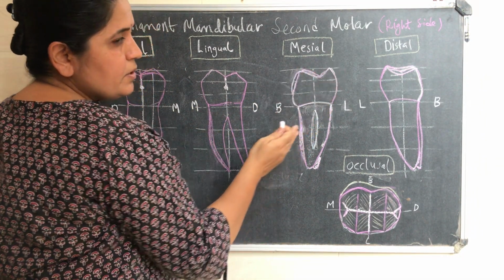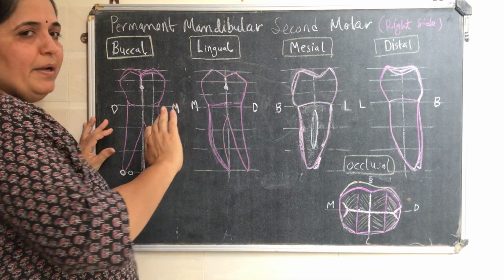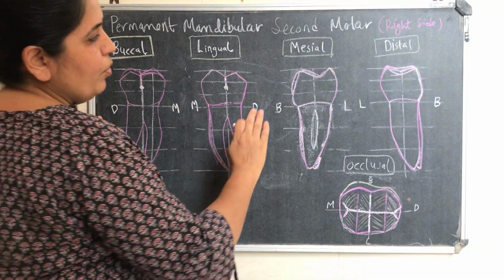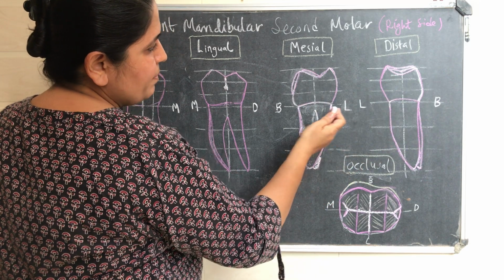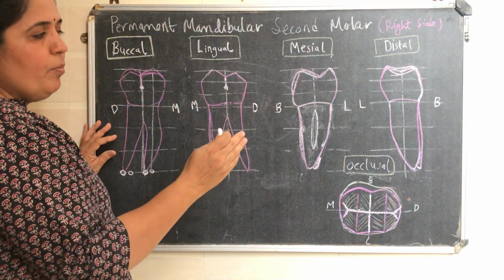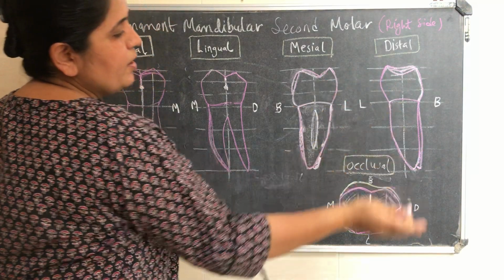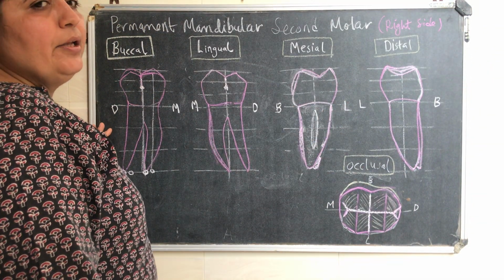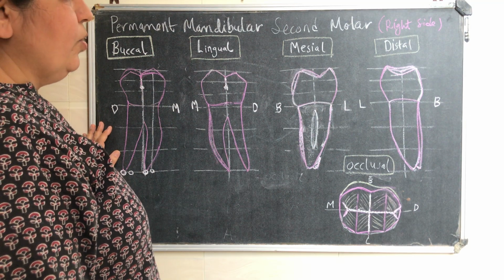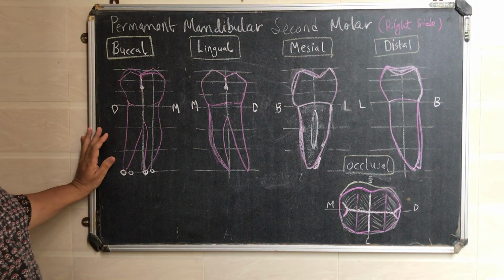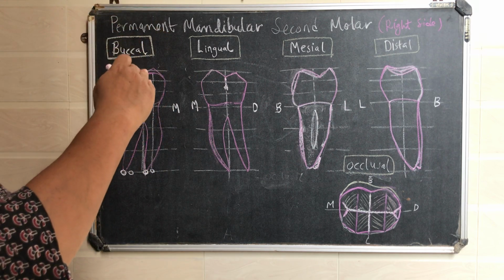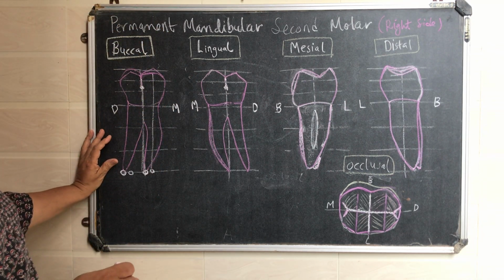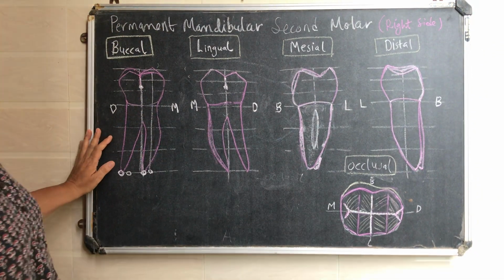The crown is rhomboidal, that is similar to the first molar. From the mesial and the distal aspect, the crown is rhomboidal, leaning towards the lingual side. That is the characteristic feature of all mandibular posterior teeth. All mandibular posterior teeth, their crown is leaning towards the lingual side from the proximal aspect.